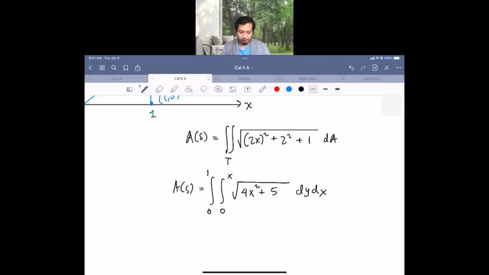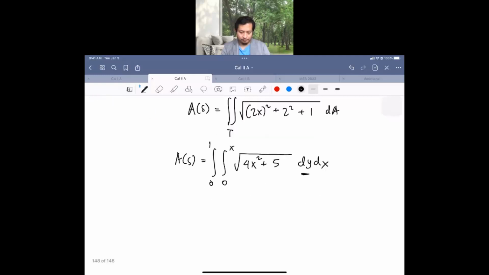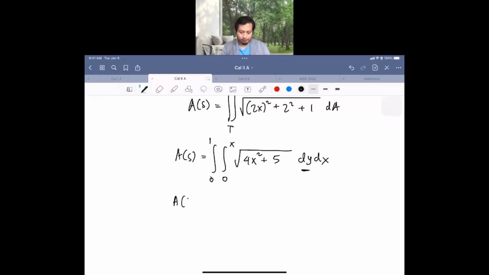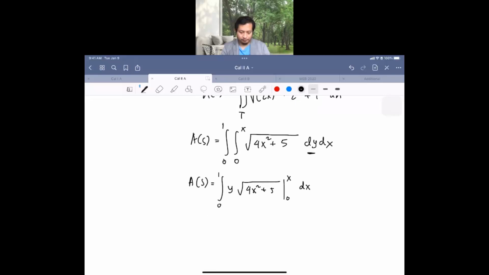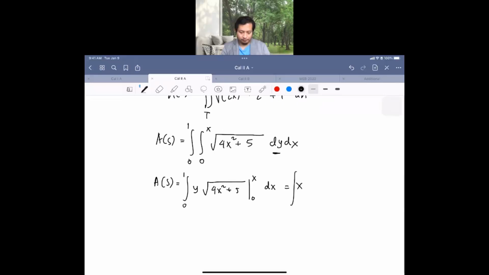The dy just gives us y, which helps us solve the whole integration. This becomes y times the square root of 4x squared plus 5, from 0 to x, and then dx. We put x inside, so we are going to have the integral of x times the square root of 4x squared plus 5 dx.